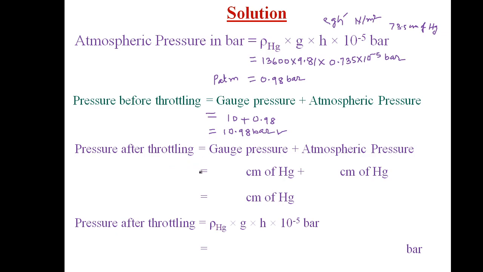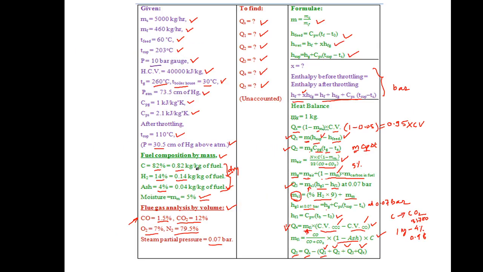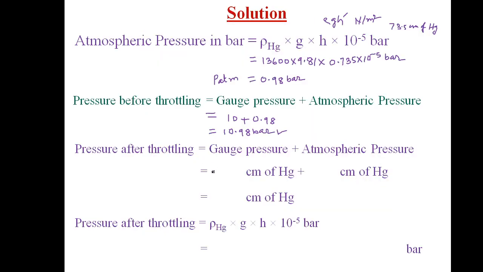Then the pressure after throttling is also given in this problem. The pressure after throttling given here is 30.5 centimeters of Hg above atmosphere. So the gauge pressure is 30.5, plus the atmospheric pressure, 73.5.